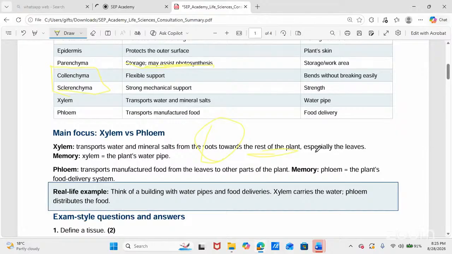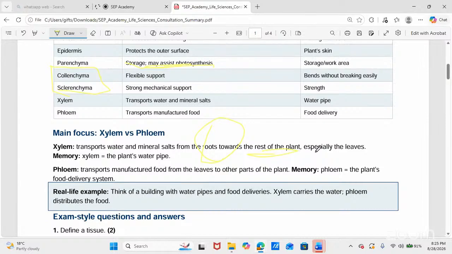We know that when you have planted a tree or a plant and it's rooted in the soil, it has to be watered. It has to have manure in some cases. So you can see, here we are adding that water to the what? To the roots. But now we have to have a pipeline that takes the what? The water towards the rest of the plant.